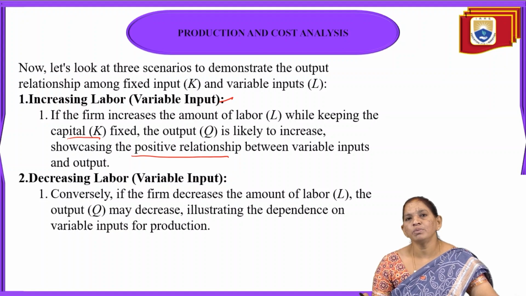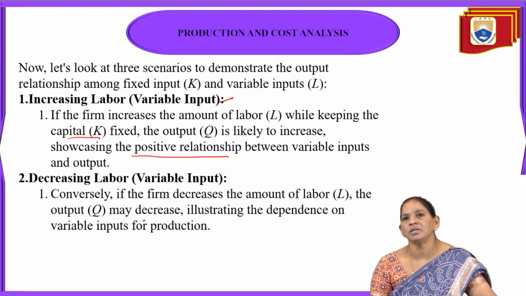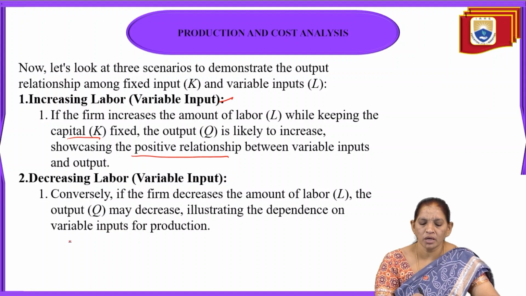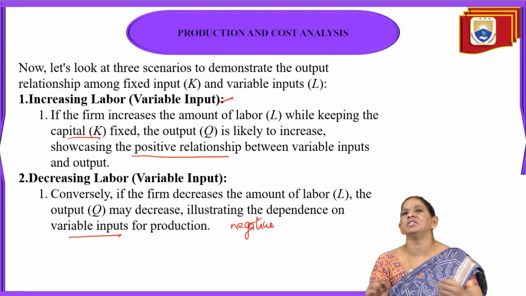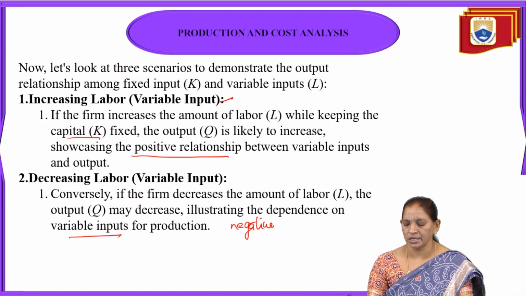Means the variable input is decreased, the amount of labor decreases, and output Q may decrease. Once the labor decreases, the output decreases, which depends upon the variable input for production, showing a negative relationship. Once the variable labor has been decreased, total production will automatically decrease.